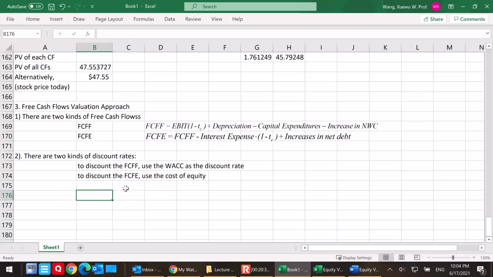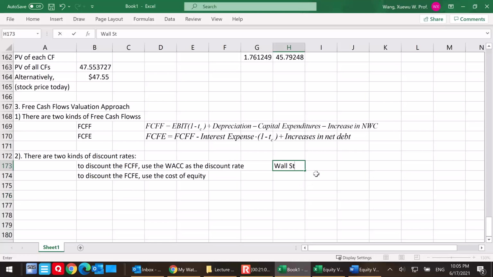I know some investment banks, when they interview candidates, love to ask technical questions like this. For example, what is the definition for free cash flow to the firm? Should I be using the cost of equity or weighted average cost of capital to discount the free cash flow to the firm? For example, one investment bank called Jefferies. Some of you may have heard of it, and some people posted a technical interview guide on a website called Wall Street Oasis.